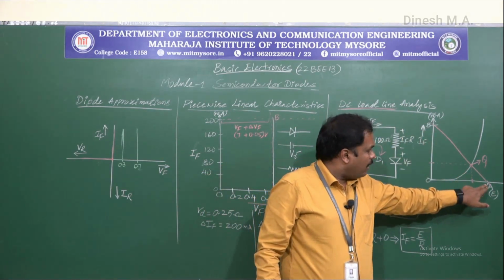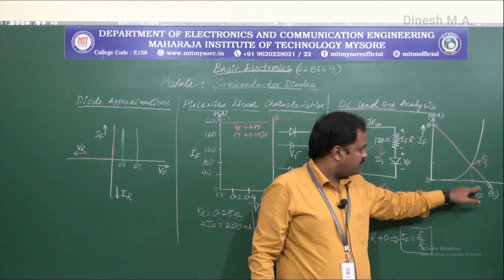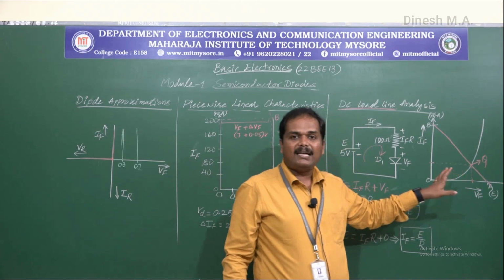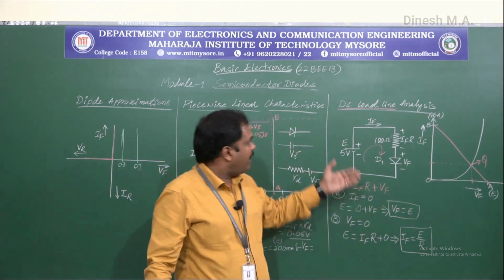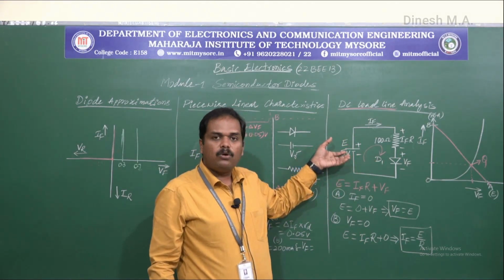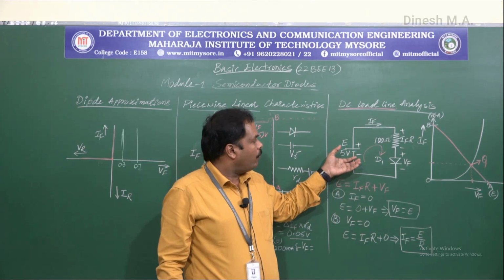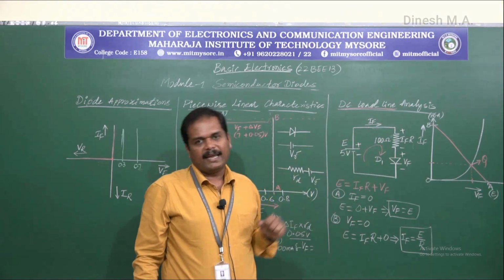The value where this DC load line intersects the x-axis will be read as the external supply voltage V. So with this DC load line analysis, we can find the external supply voltage, or the load resistance as well.